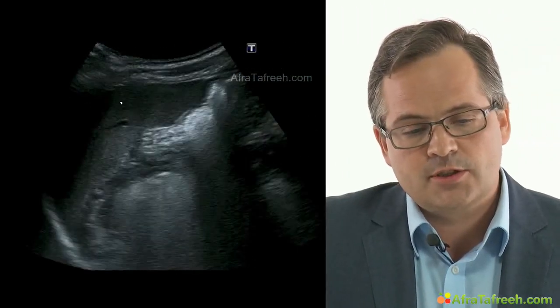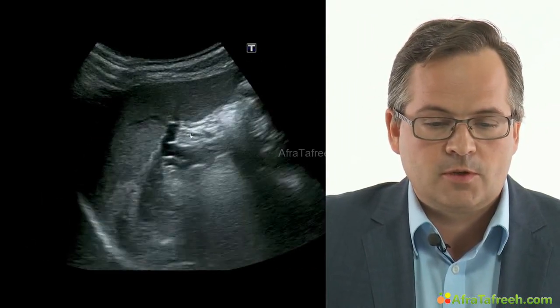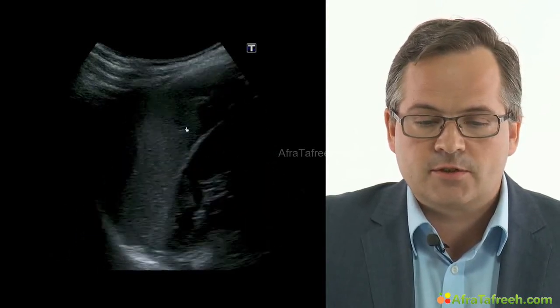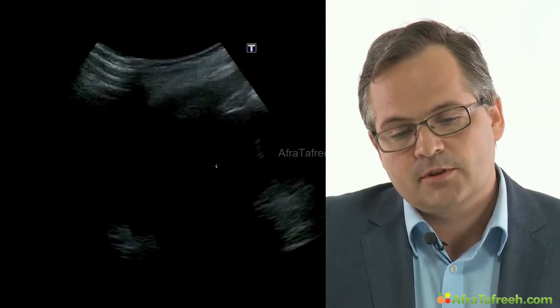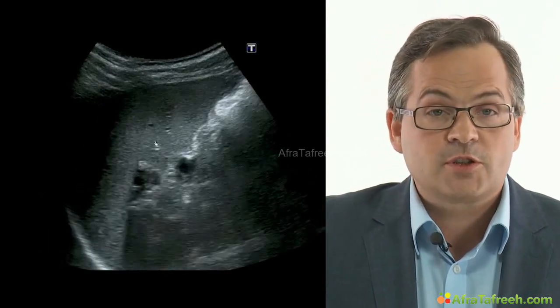We look at the ultrasound clip, and I can identify the homogeneous echogenicity of the spleen over here. Here we find the vessels entering and leaving the organ. So this is the correct position for our measurements.